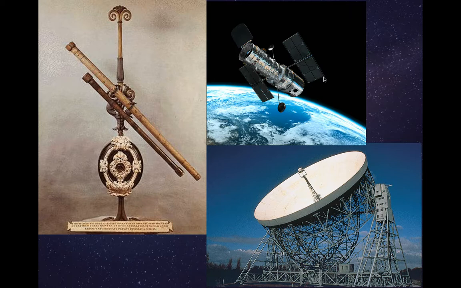And the Hubble Space Telescope is probably the most famous example of one that has been orbiting around the Earth. That one was launched in 1990. Now, this one right here is a radio telescope, and they use radio waves to figure out what objects are in space.